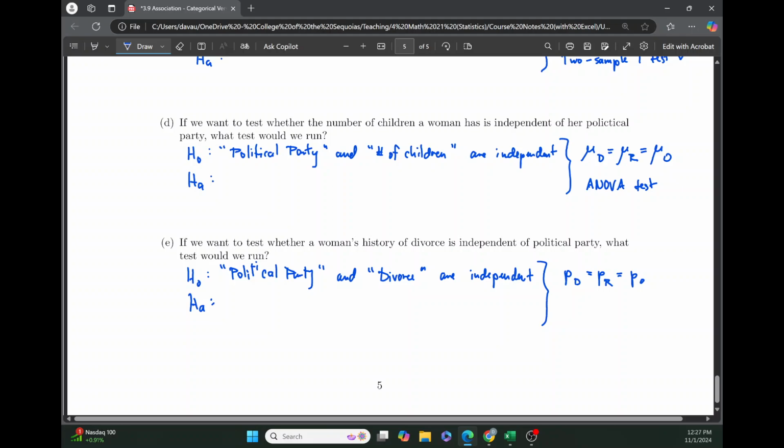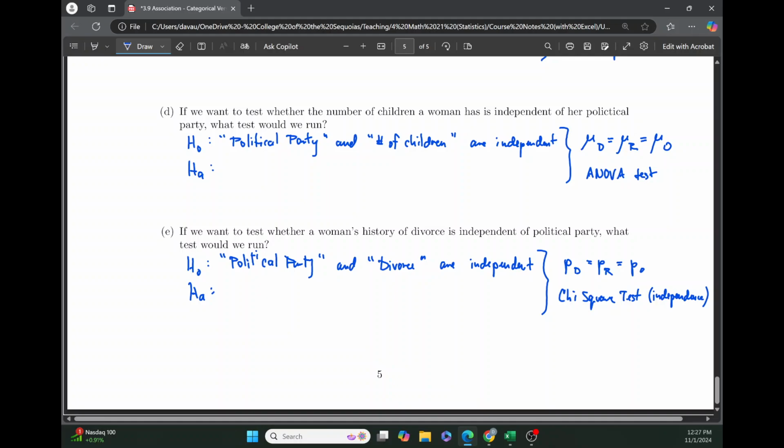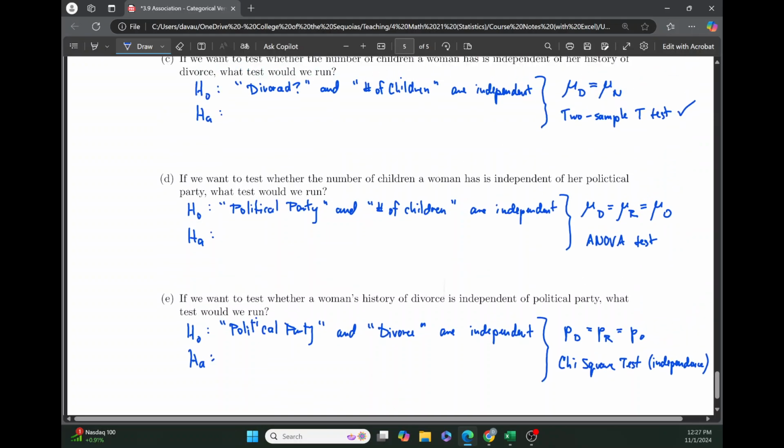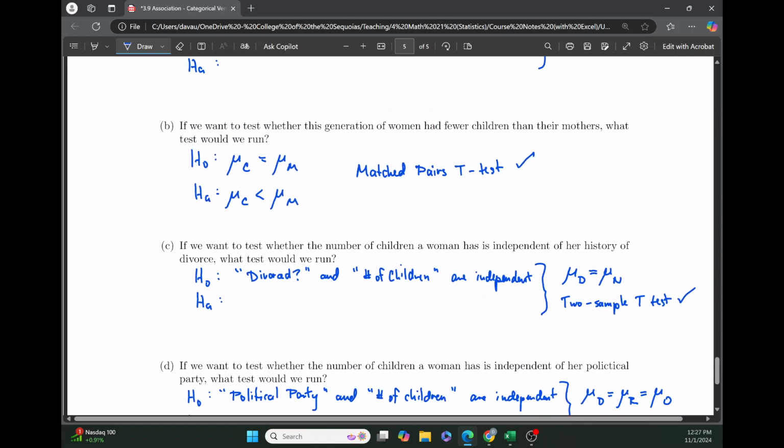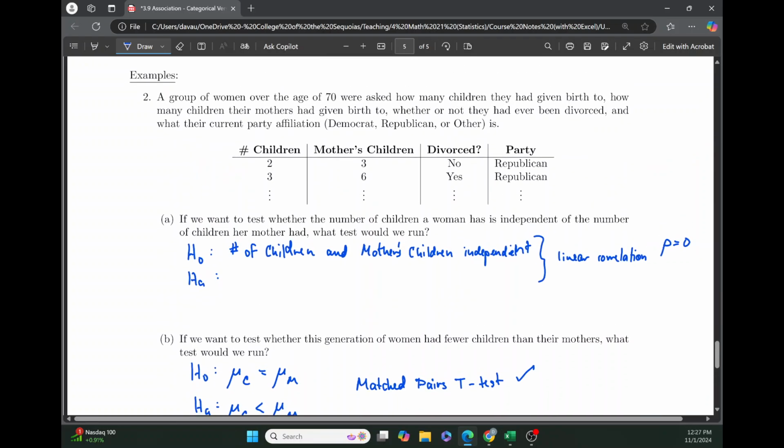But here we would run a chi-square test for independence. Okay, so that one's just for good measure, but those are the kinds of tests that we would run if we were trying to explore the relationships between variables in a data set.